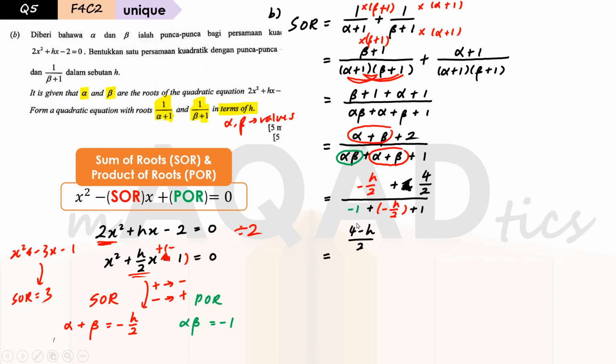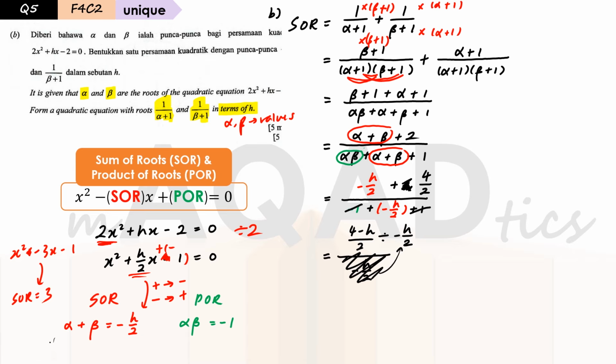So here will be 4 minus h over 2. For the denominator, because there's a negative 1 and a positive 1 here, if we add them up together, it basically will cancel off because it will become 0. So here we are left with negative h over 2. Now let us divide these two fractions. Let me pull this to the top. So here will be divided by negative h over 2.